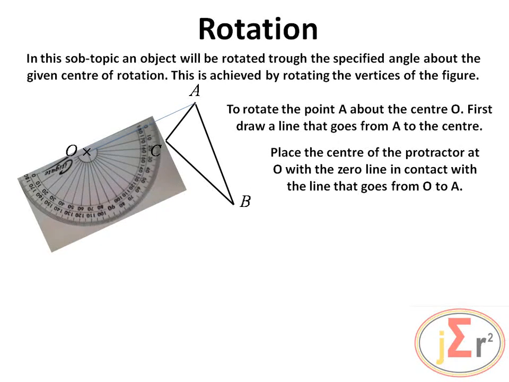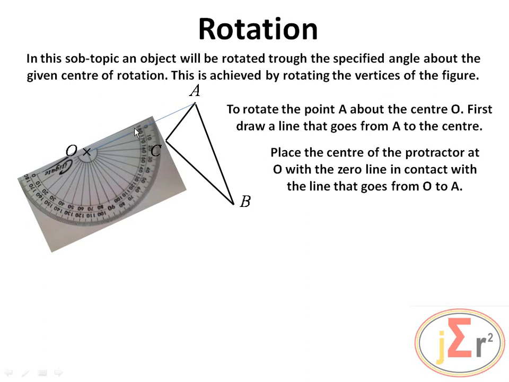So we are going to get our 90 degrees by placing the center of the protractor at the point to be at the center. Place the center of the protractor at O, which is the center of rotation, and the zero line is in contact with the line that goes from O to A. Notice here is our zero line.